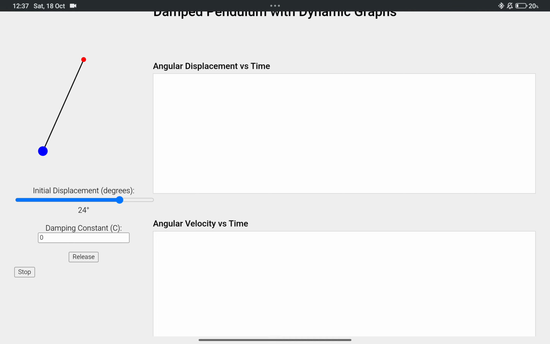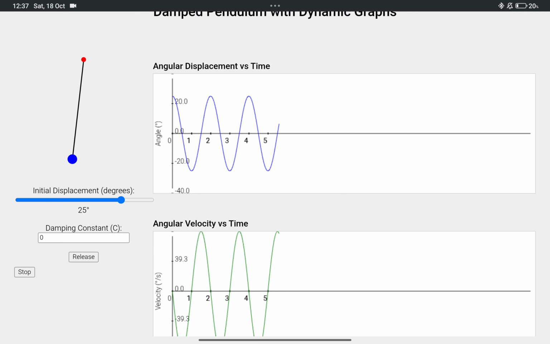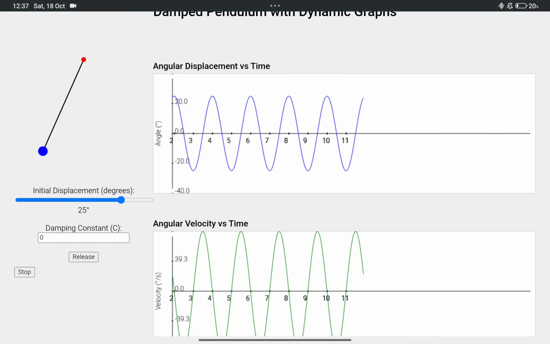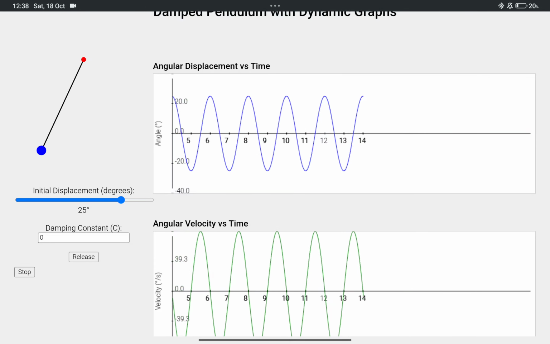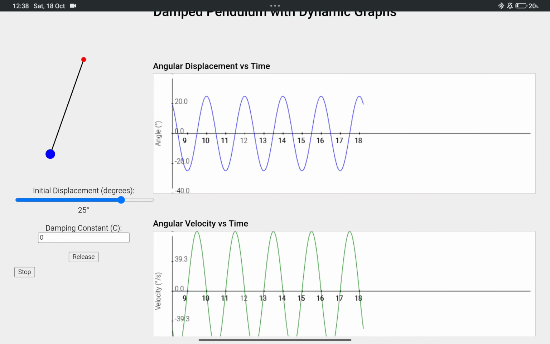Let's provide an initial displacement of 25 degrees and release it, so it will start oscillating. You can see that your displacement is angular, in degrees, in the first graph, and at the mean position your displacement becomes 0, and at both extreme positions your displacement becomes maximum.